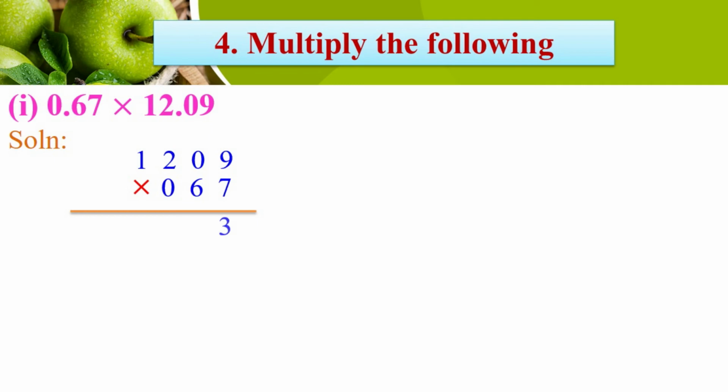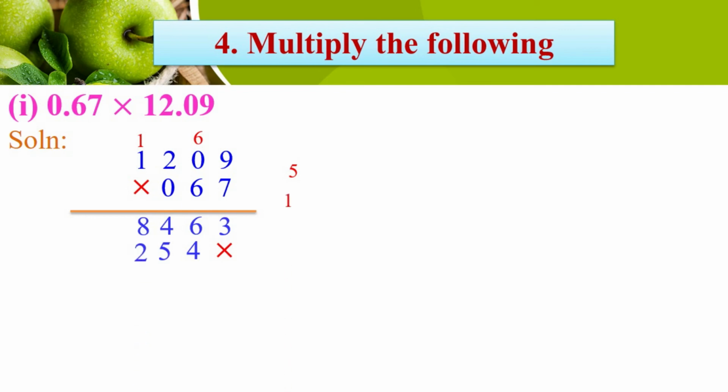Let's multiply. 9 sevens are 63. Place 3, remaining 6. 0 into 7, 0. Place 6. 2 sevens are 14. Remaining 1. 1 seven is 7. 7 plus 1, 8. 6 nines are 54. 4. Remaining 5. 0 into 6, 0. Place 5. 2 sixes are 12.